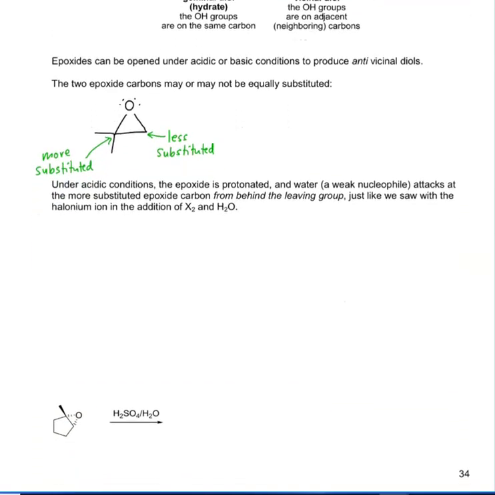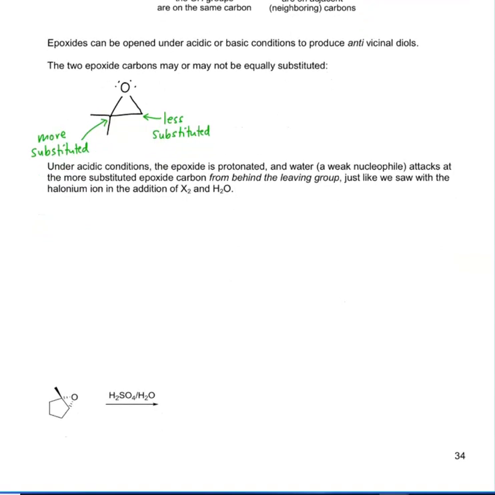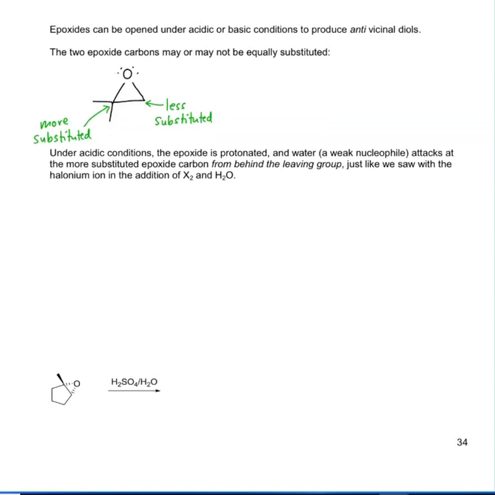So let's look at acidic conditions first. In acidic conditions, the epoxide gets protonated and water attacks the epoxide. So let's draw a mechanism for this. Actually, we can do this with the example down below. So let's take a look.